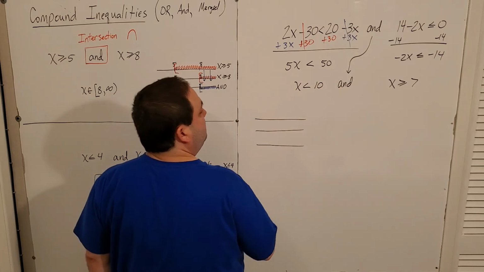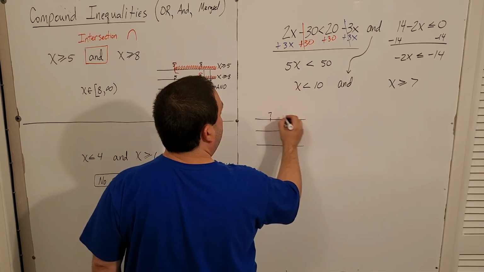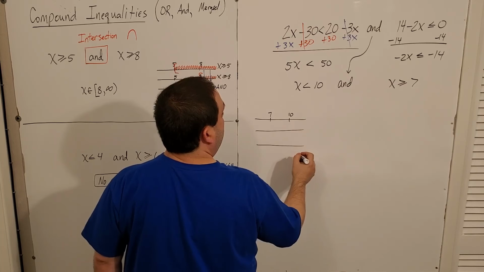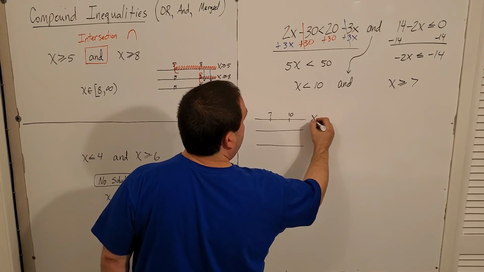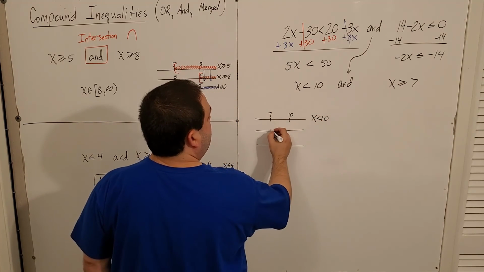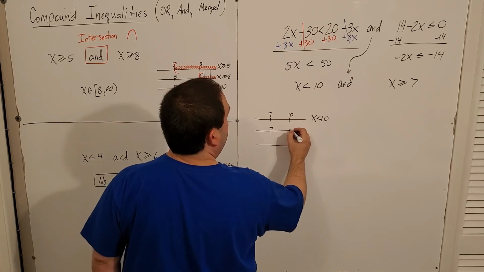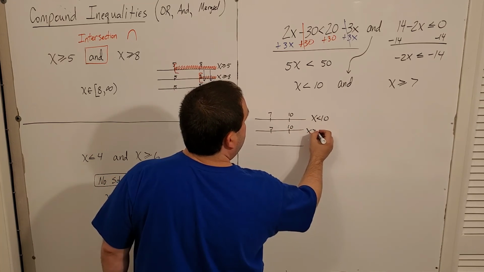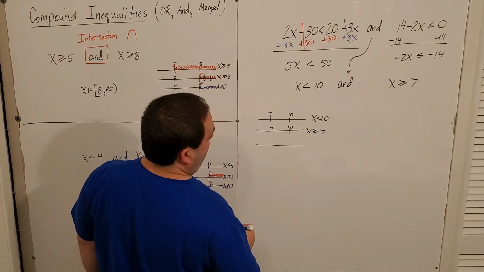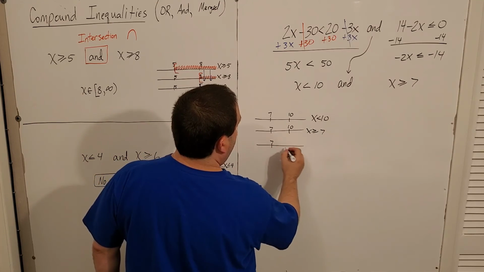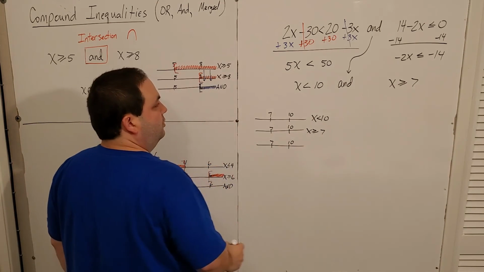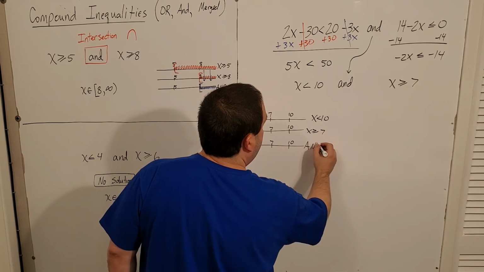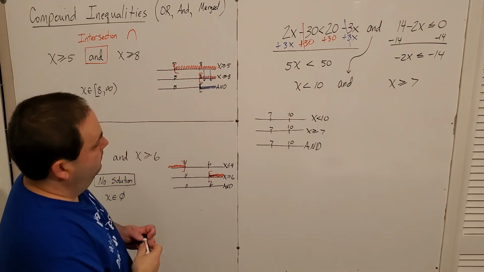Two points of reference, 7 and 10. Not too difficult to flesh out on that one. X is less than 10 for the first one, 7 and 10 here. X is greater than or equal to 7 for that one. And then, of course, I'll have my solution with "and" right there.